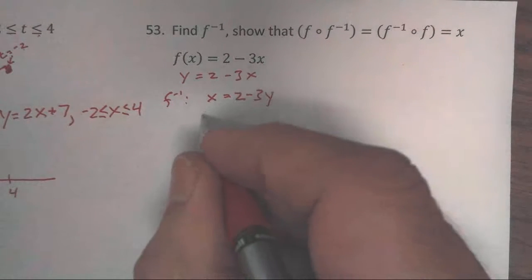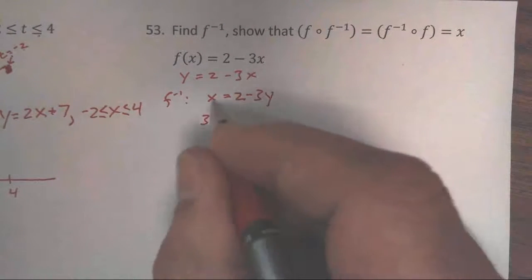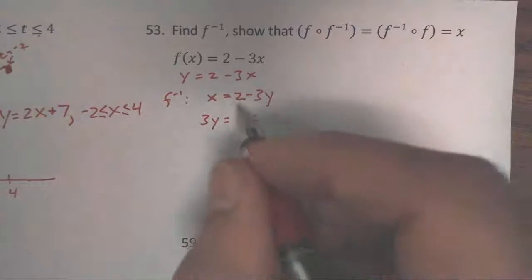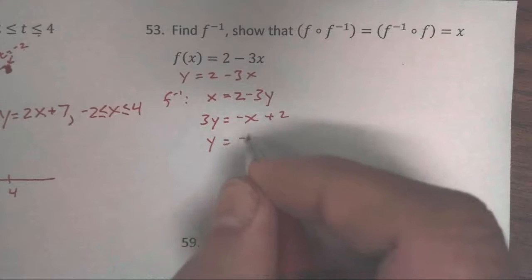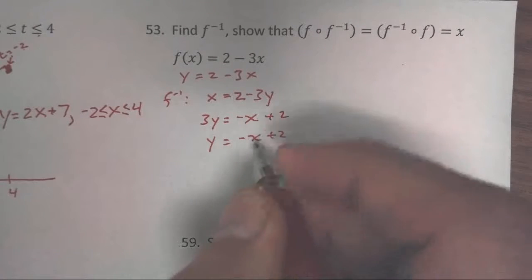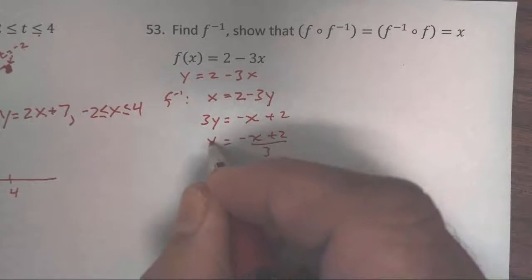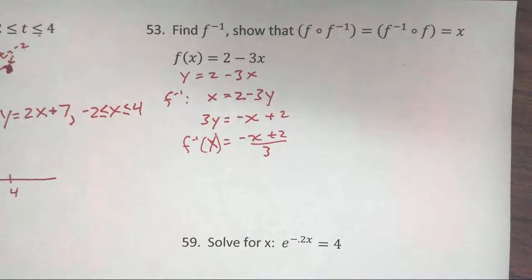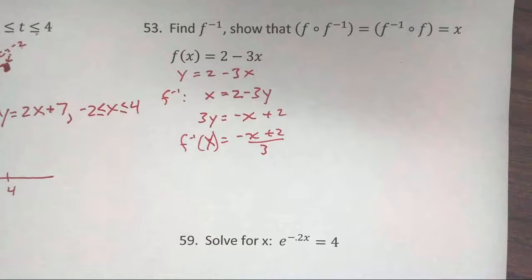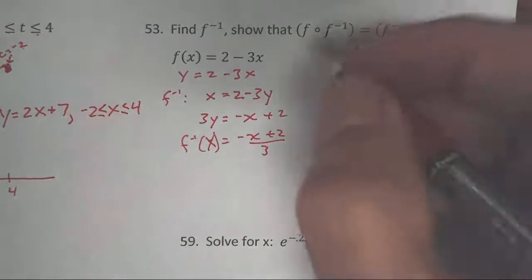Solving this for y, I'm going to add 3y to both sides, subtract x from both sides, leave this plus 2 over here, and y equals negative x plus 2 on 3, but that's really what f inverse of x is. And now we're just going to make sure that actually works by finding f of f inverse and f inverse of f, and make sure they really are inverse functions of one another.